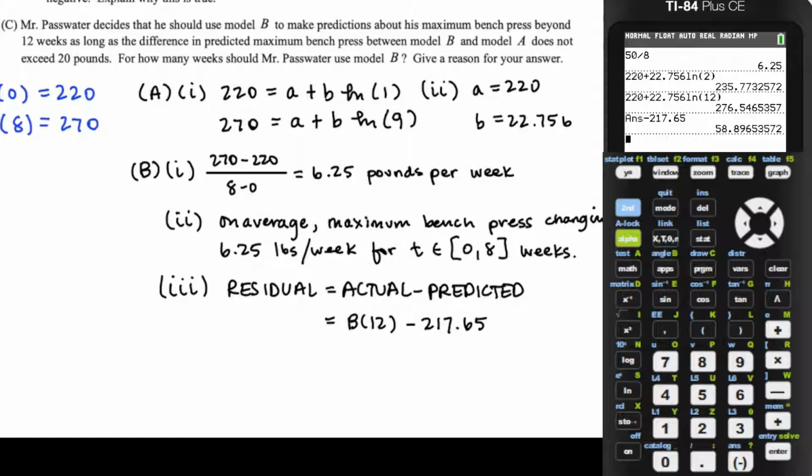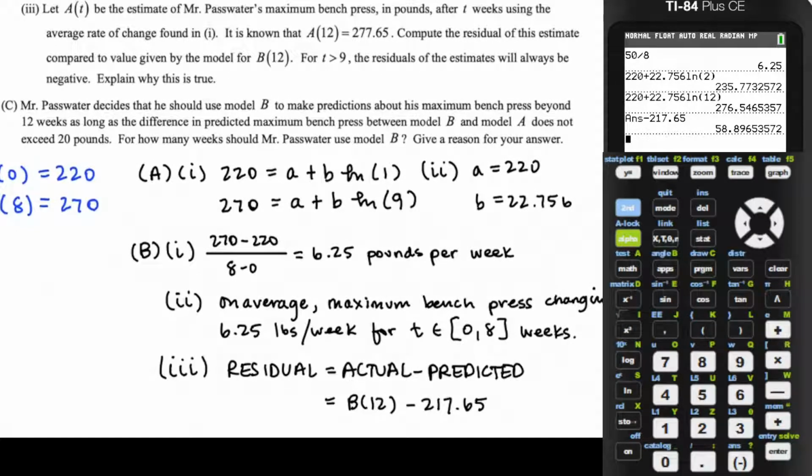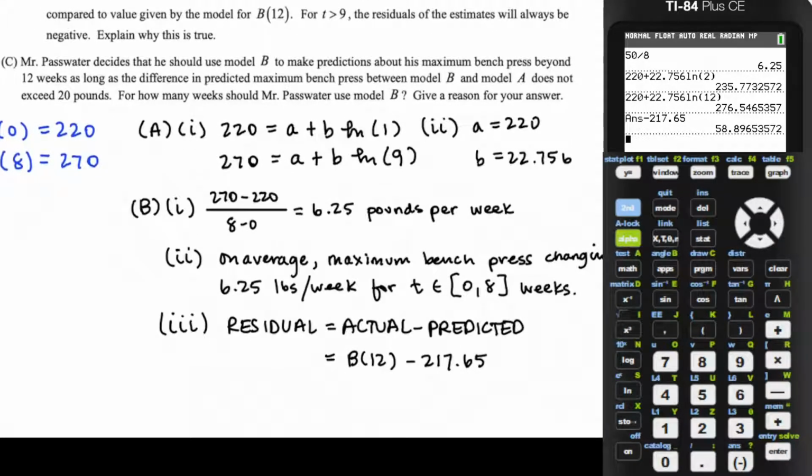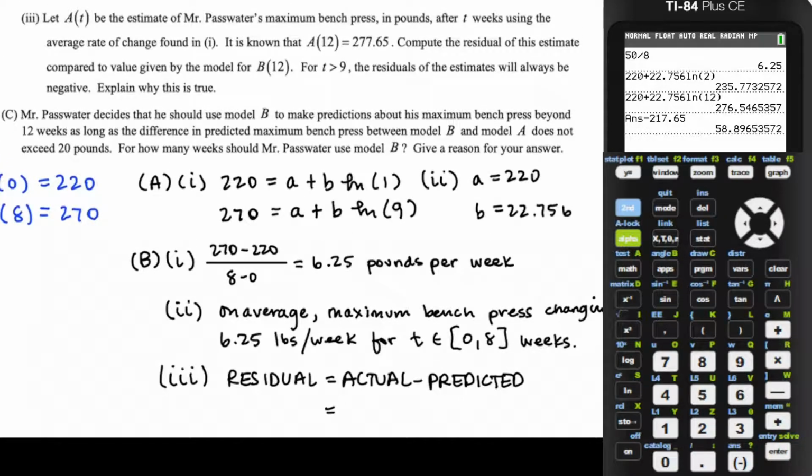And I'm going to get 58.896. Now, it was talking about a negative residual. Okay, so it must have been that the actual amount that he was able to bench press was the opposite. That's okay. I'm going to say 277.65. And I copied it wrong. Okay, maybe I should go and try that again. No, okay, I was right.